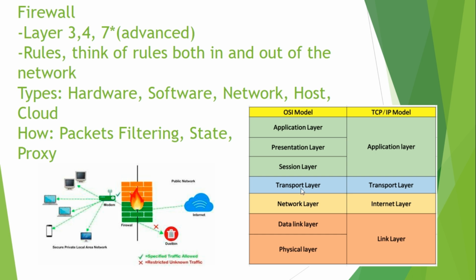Transport layer, we literally made a whole 30-minute video about that previously, which deals with TCP or UDP. Okay, and remember, those protocols are used to manage how information is sent. And if you know the application protocols and their port numbers, or if you know if they use TCP or UDP, you can start blocking those.